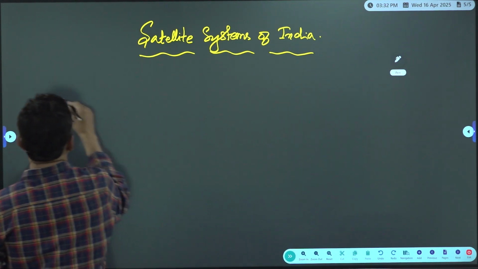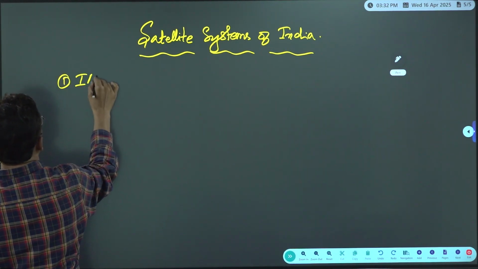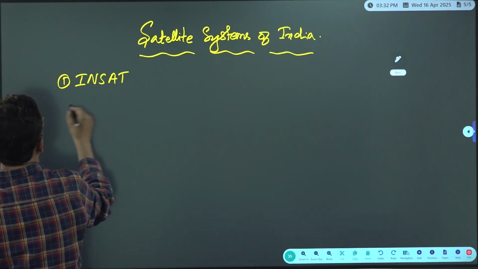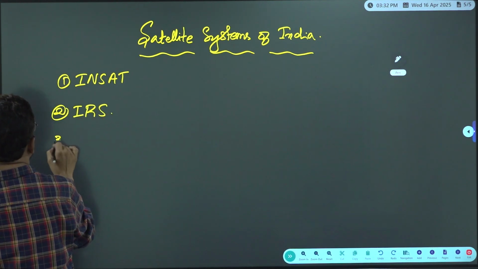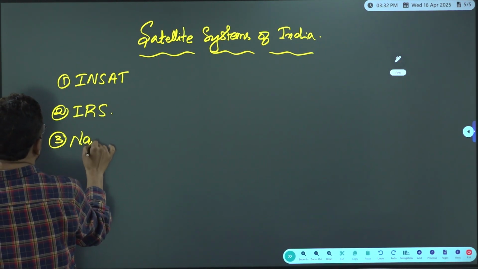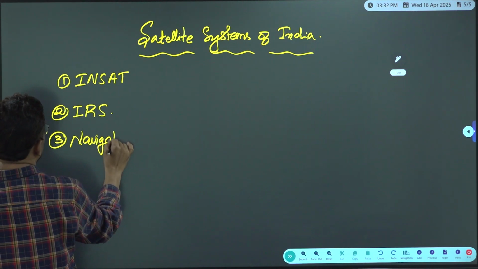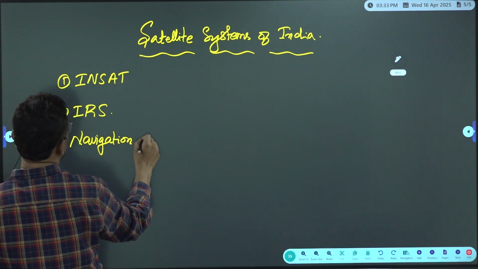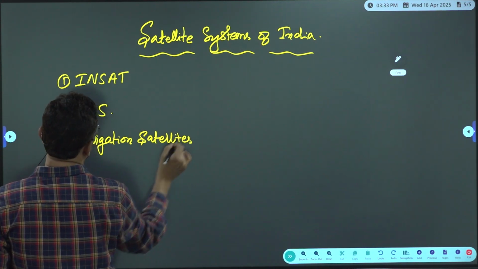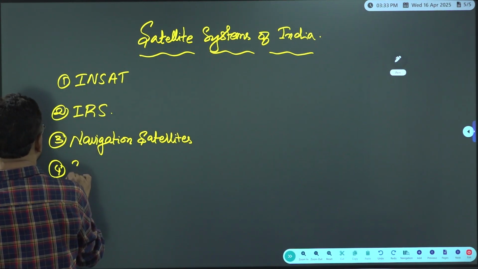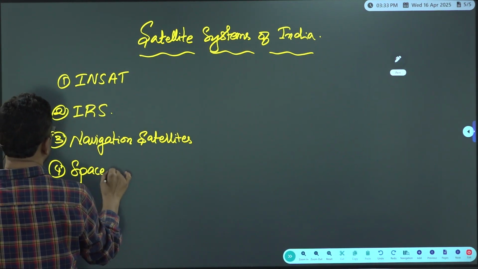These include the INSAT system, the IRS system, navigation satellite systems, and ISRO also launched various space missions.